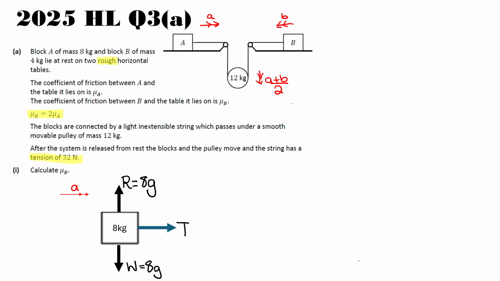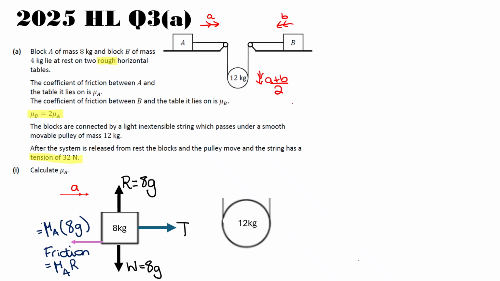So there's our a. That also helps us understand that friction, which opposes motion, then must be going here. So our friction is equal to mu times R, and in this case, it's mu A times R. And for us, that's actually going to be mu A times 8g, because that's our reaction.